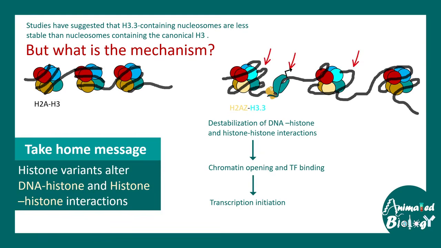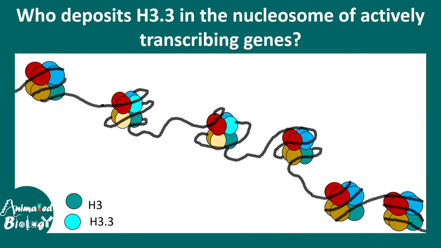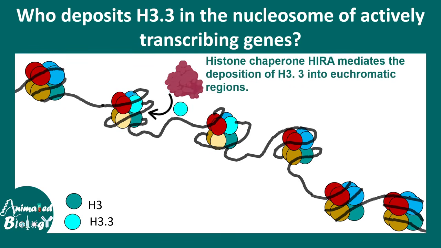So take home message, histone variants alter the interaction between histones and DNA. So the next thing that one should ask is, who is putting these particular histone variants in place? It could be nucleosome remodeling factors or histone chaperones.